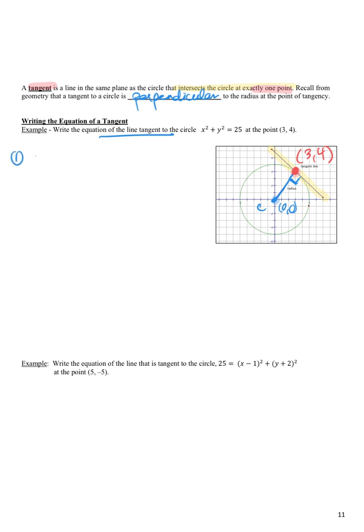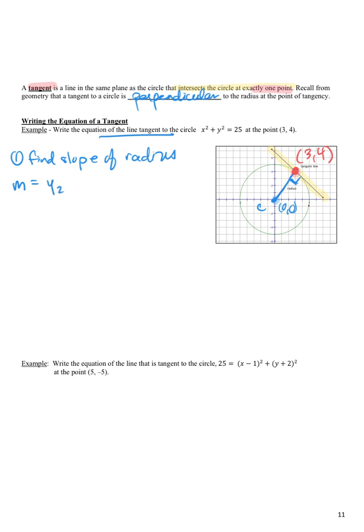So the first thing you want to do is find the slope of the radius, that little line segment. So how am I going to find the slope? Take the 2 points that we know, and we have the slope formula. Now you may be saying, well, why can't I just count the rise over the run? Well, you can, but what if they're not integer values? What if it's very hard to tell those points? So I'm going to use the slope formula.